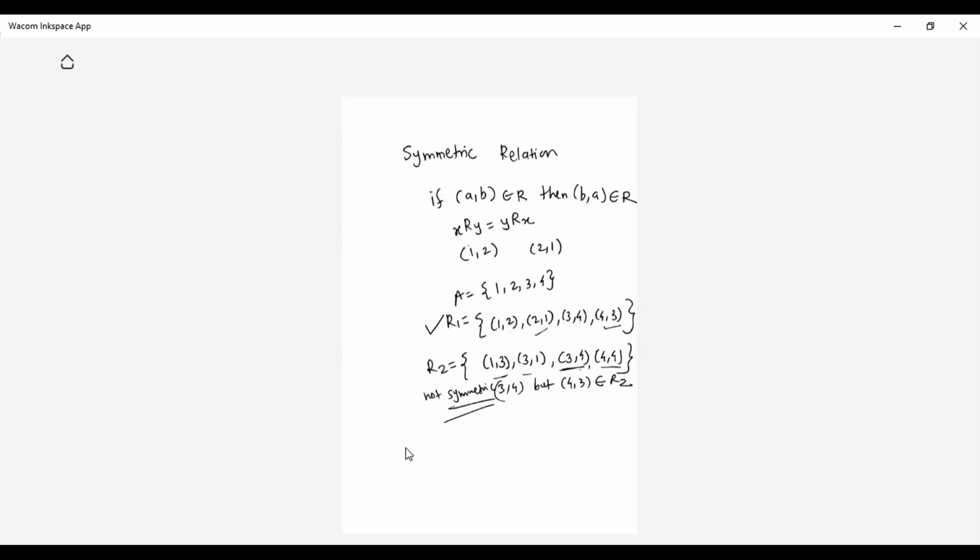Now we will move to asymmetric relation. What could be an asymmetric relation?